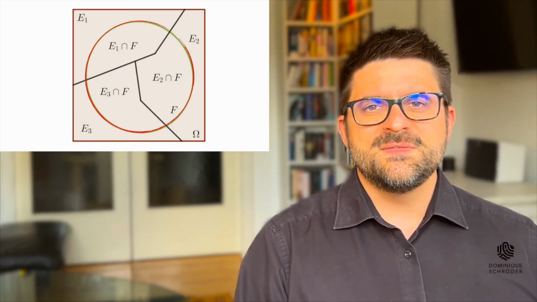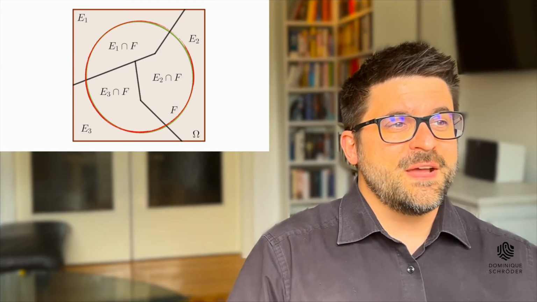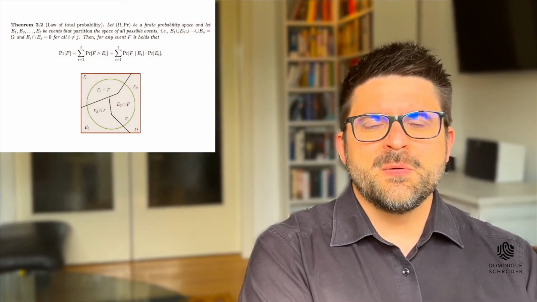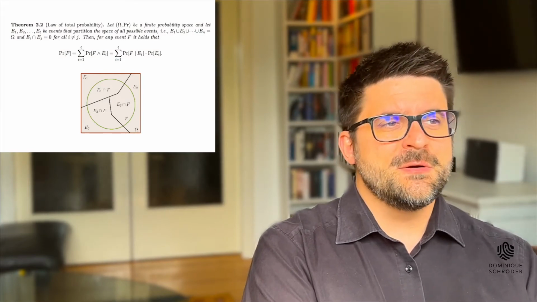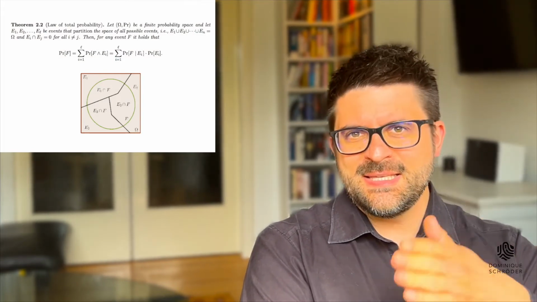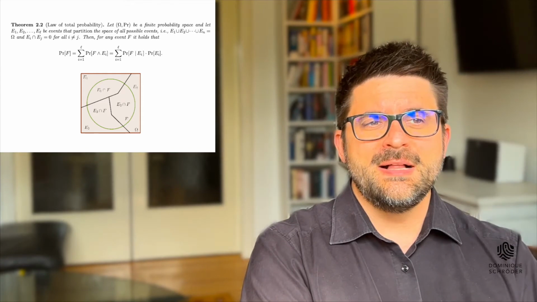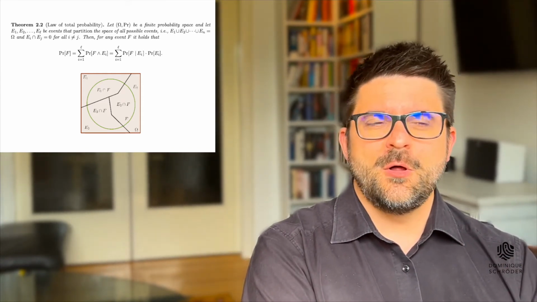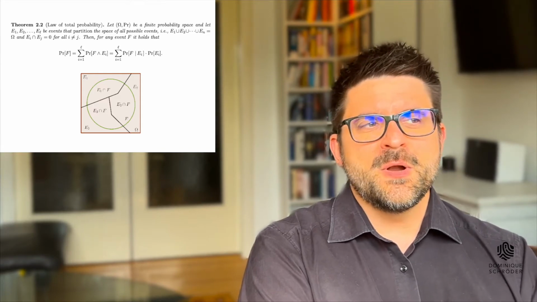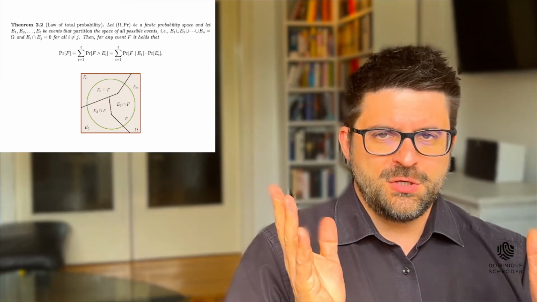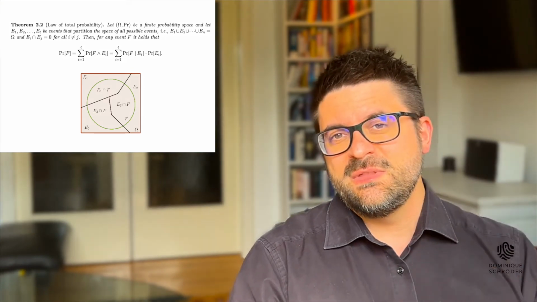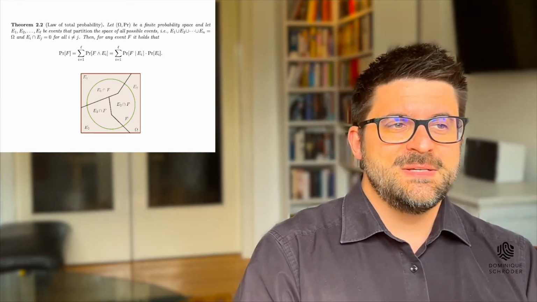So if we have this situation, then the law of total probabilities tells us how to compute the probability for F as follows. The law of total probabilities says that we're considering a finite probability space, and we are considering exactly these events E1, E2 to EL. These are the ones that partition the entire space of all possible events, with the property that, first of all, the union of them covers the entire space, and second, the intersection between the individual events is empty.